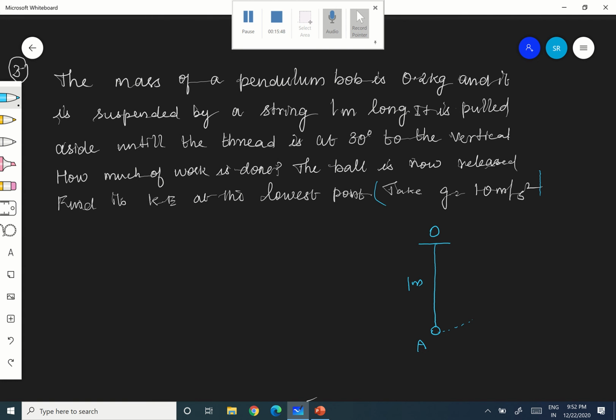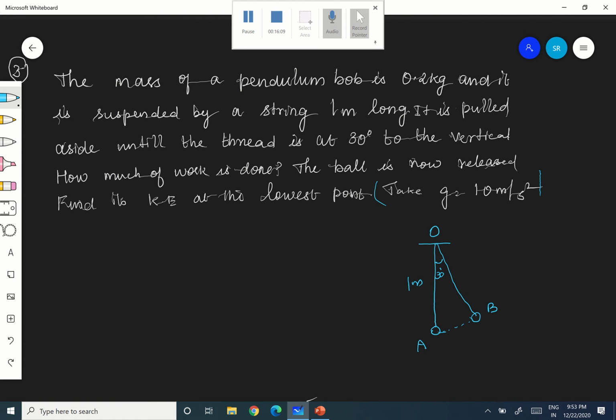Therefore, now the thread will go like this. If I am pulling like this, definitely, what is this angle now? It is given. This angle here is 30 degrees with respect to the vertical. Give some name to that point, B. Are you following?